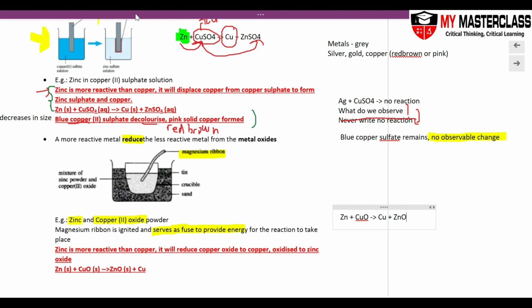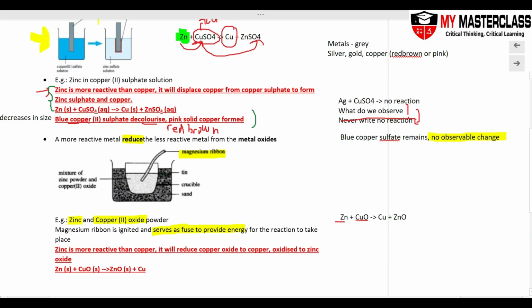To repeat myself, zinc is more reactive than copper, so it will reduce. It will kick the copper out, so my copper comes out and zinc bonds with the oxygen to form zinc oxide. Zinc will reduce copper oxide to copper and it is oxidized to zinc oxide.